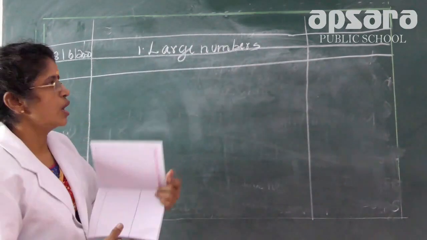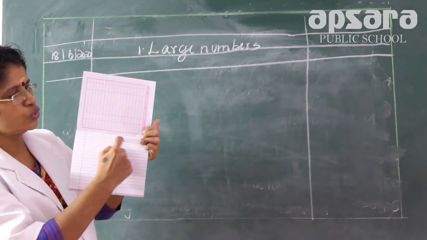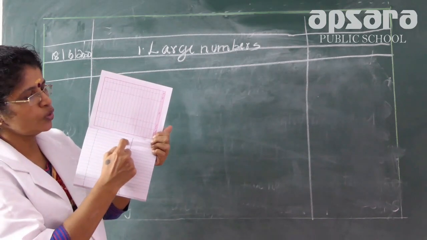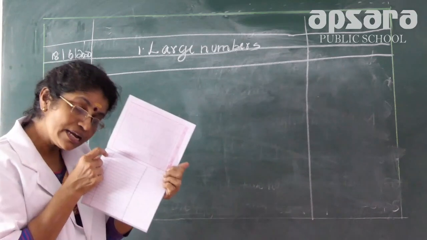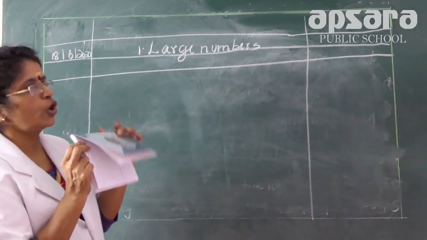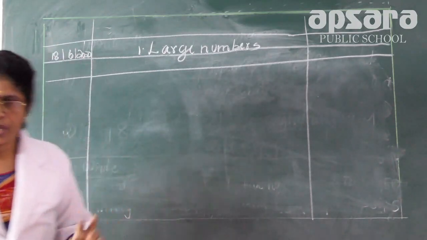So you will be drawing two lines here, and in between you will be writing the chapter name. That's for your neatness. Are you all ready? Take your own time. Don't scribble.